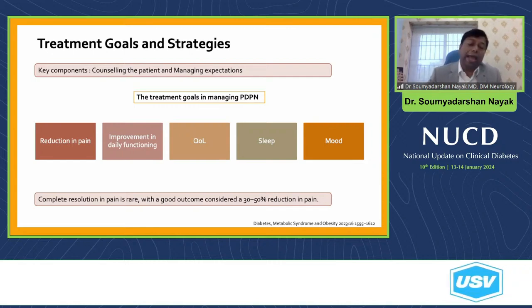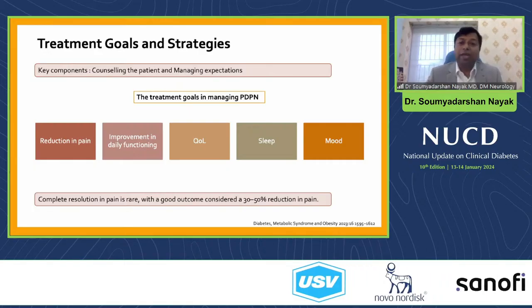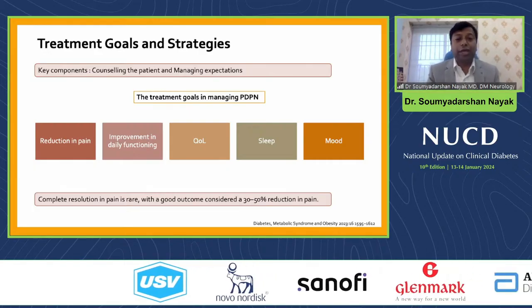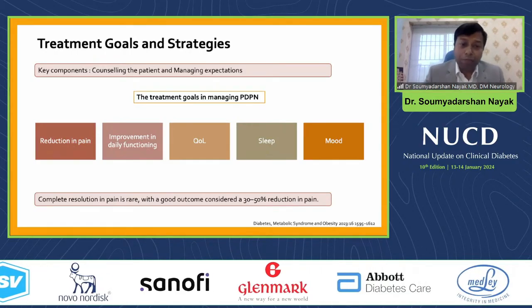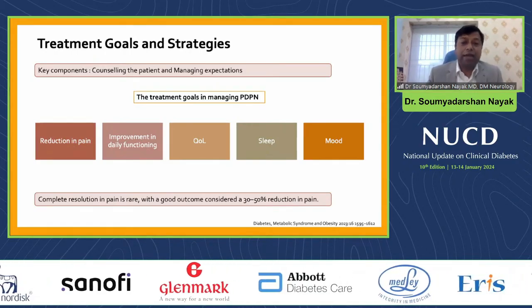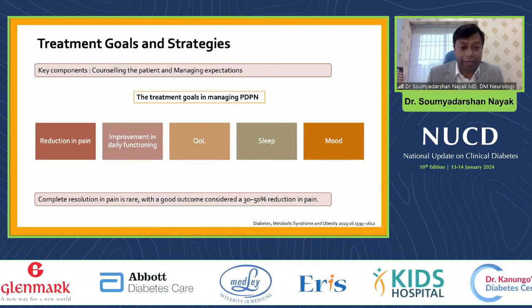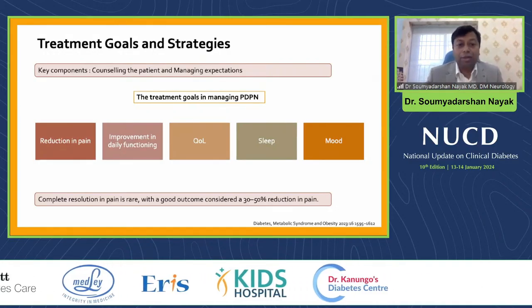The goal has to be individualized, especially when you see that there are variations in the various guidelines provided. But all these guidelines had one goal common, that was reduction in pain to the tune of 30 to 50%.